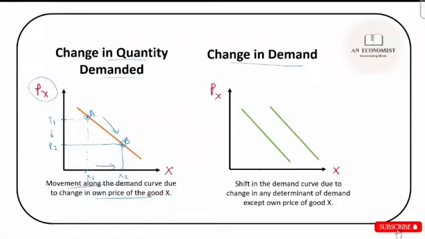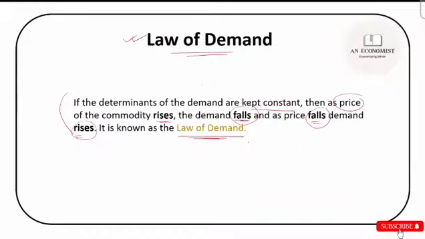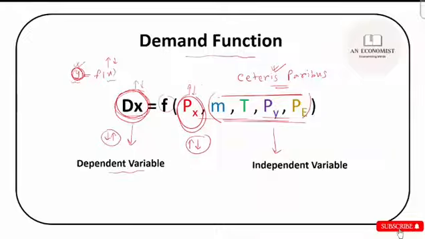It is the shift in the demand curve due to a change in any of the determinants other than the own price of the good. If you haven't seen my previous video where I discussed all the determinants of demand in detail, here what we are seeing is that the own price level is not changing, but if you change any of these 4 determinants, so you could change the money supply or the taste and preference or the price of other goods, or you might change the expectation of the future price.